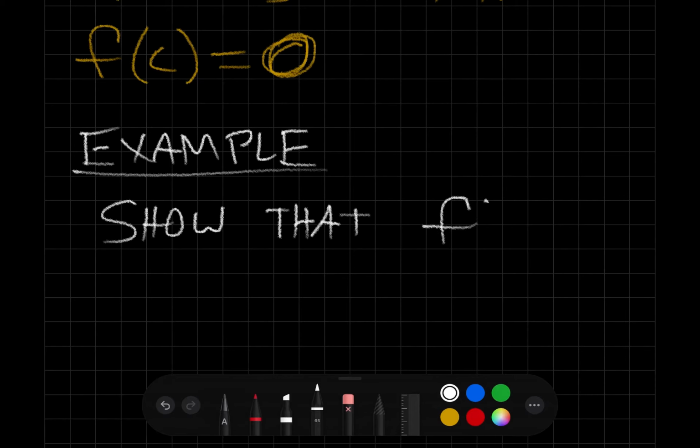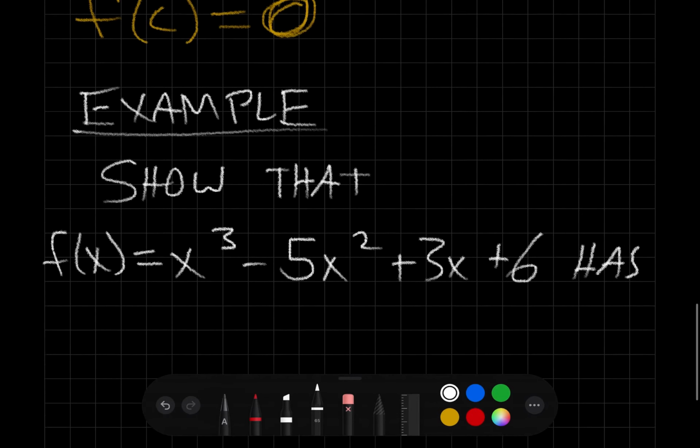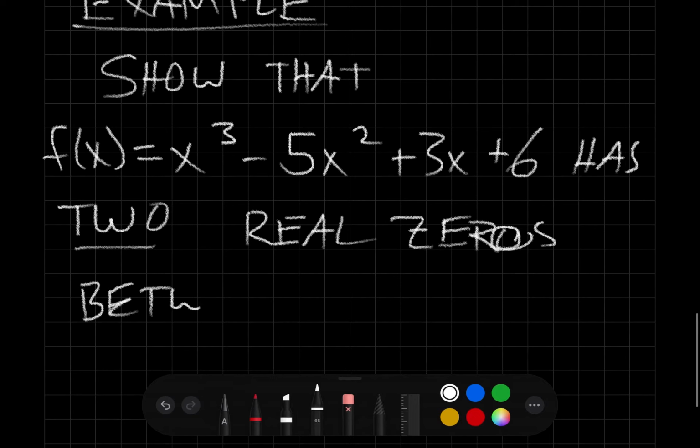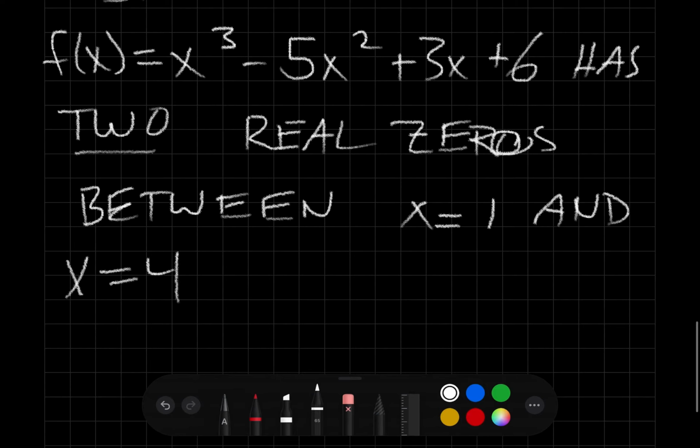So let's show that the function f of x equals x cubed minus 5x squared plus 3x plus 6 has 2 real zeros between x equals 1 and x equals 4. We're going to use the intermediate value theorem to do this.